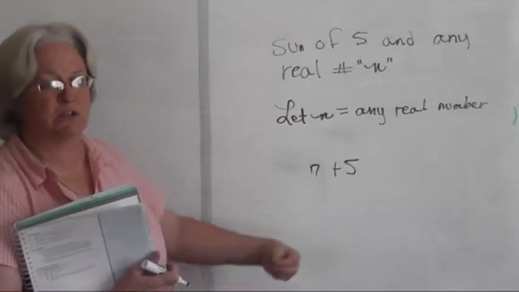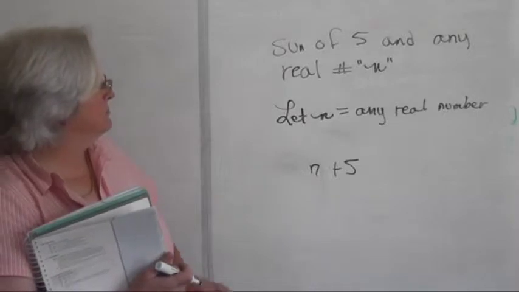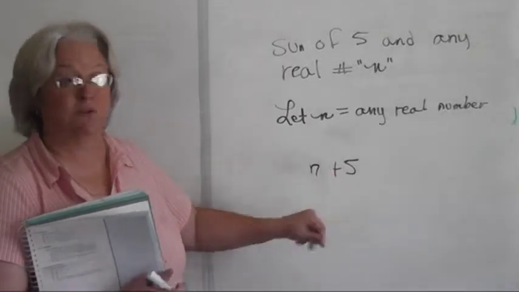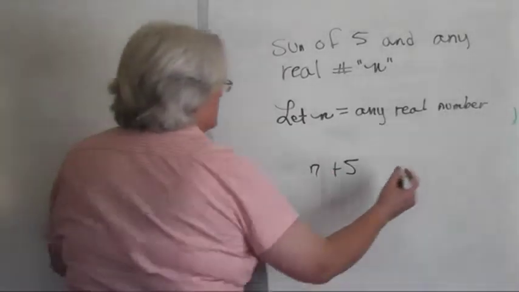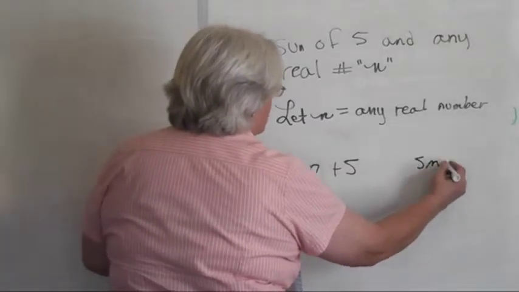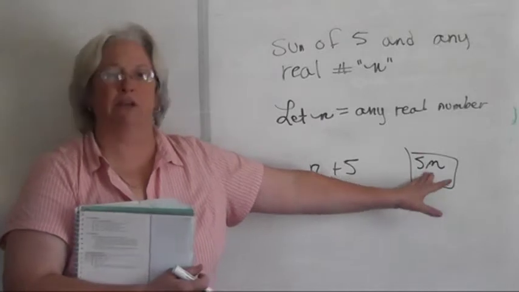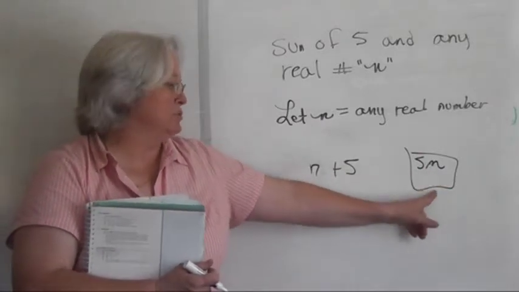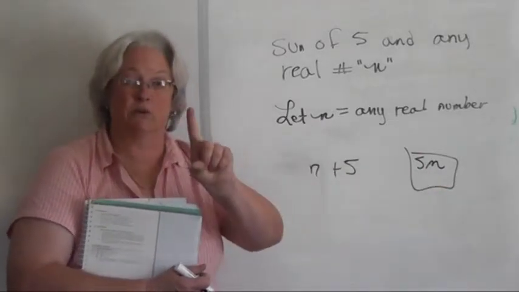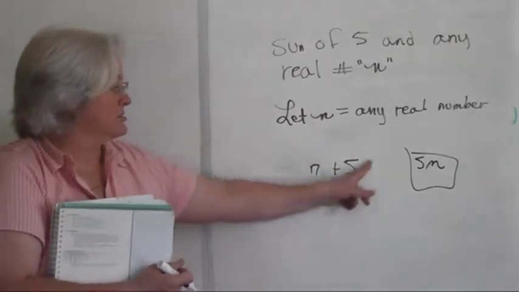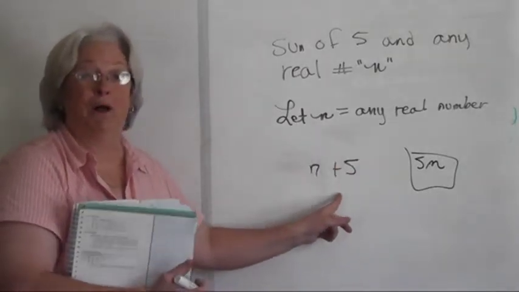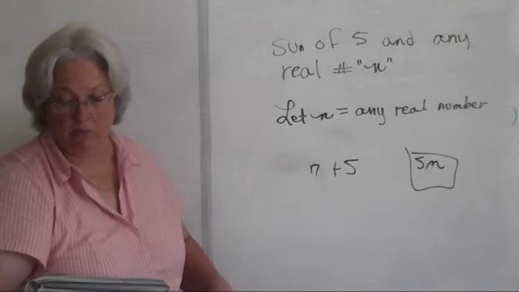Algebraic expressions consist of letters and numbers. Well, this is an algebraic expression here. Talked about last time, you could even more narrowly define that as being an algebraic term, a single term, algebraic expression, more than one algebraic term.